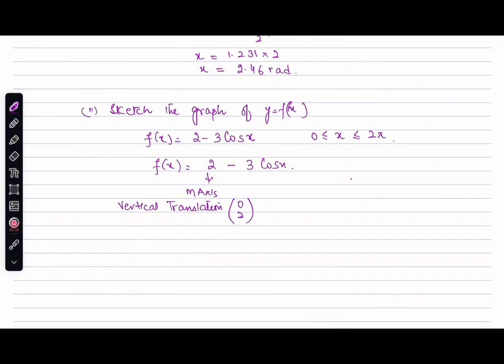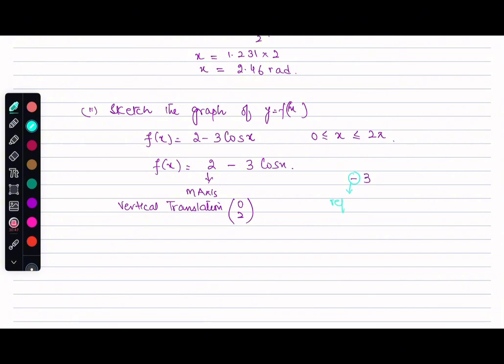So with this negative 3, there are two things that need to be considered. The negative sign here is actually the reflection in the x-axis. And the 3 here is the stretch parallel to the y-axis.